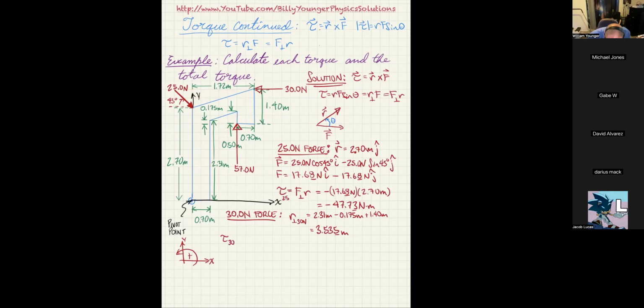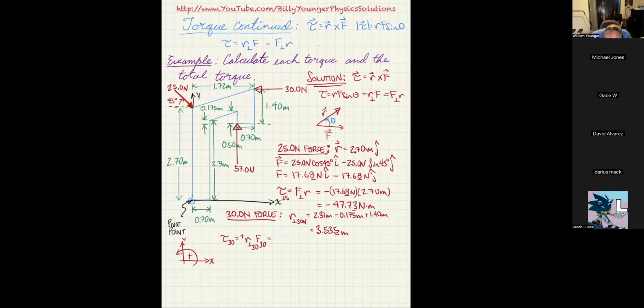Torque 30 is equal to, you can see probably that this 30 Newton one, does everybody agree that that's a counterclockwise torque? Anybody have any problems seeing that that is counterclockwise? Since it's counterclockwise, I'm going to go ahead and put a positive symbol on it. And I'm going to say R perpendicular 30 times F30.